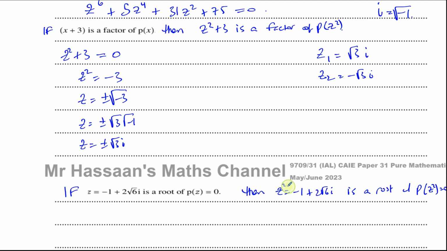Okay, then z squared equals, so if z equals minus 1 plus 2 root 6i is a root of p(z) equals 0, then z squared equals minus 1 plus 2 root 6i is a root of p(z squared) equals 0. I've just replaced the z's with z squared. Okay, so this is a root of this. So z squared equals minus 1 plus 2 root 6i.